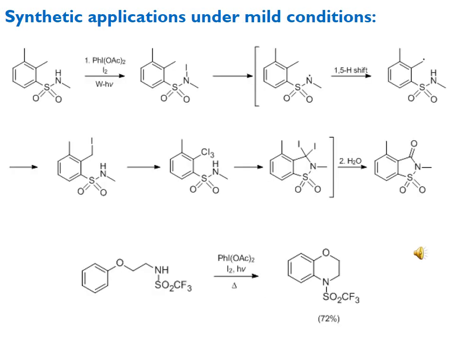Now we discuss some modification reactions of the basic HLF reaction. First, here the starting substrate is the sulfonamide, and under mild conditions we get the cyclized product.